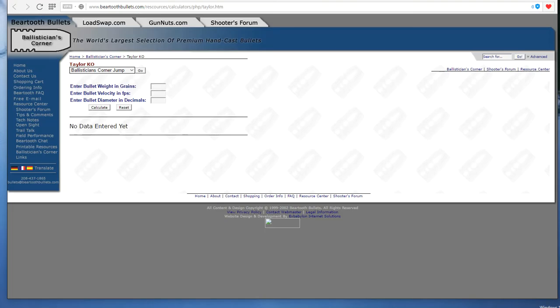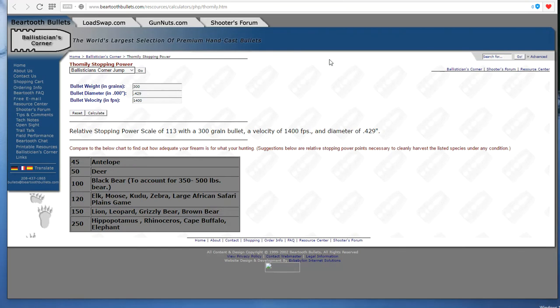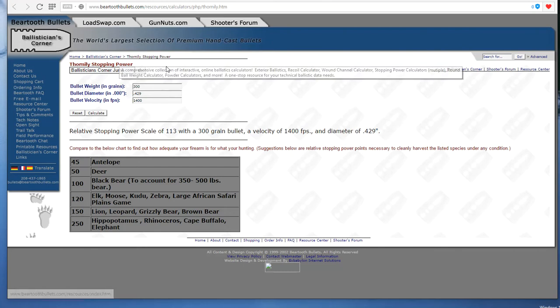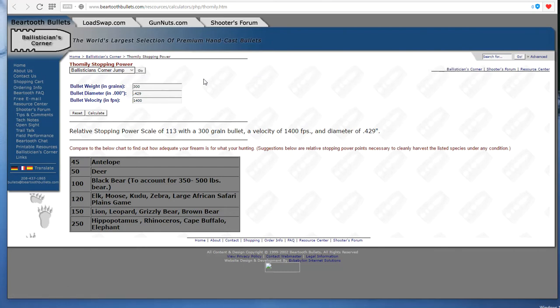There's also an online calculator for Taylor knockout factor and an online calculator for Thorniley stopping power. Unfortunately, I haven't found a definitive source on whether Thorniley was spelled L-E-Y or L-Y. It's L-Y here, L-E-Y on the Wikipedia page, and I think I ended up using L-E-Y in the app simply because I was looking at the Wikipedia page when I created it.